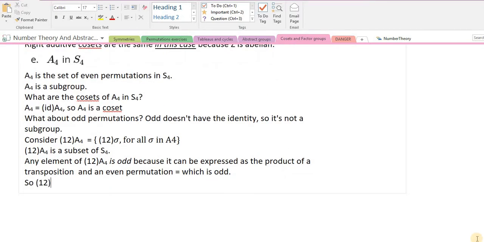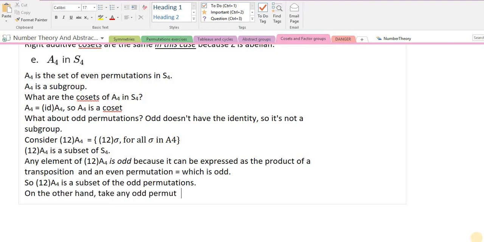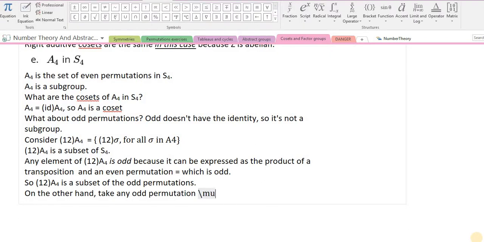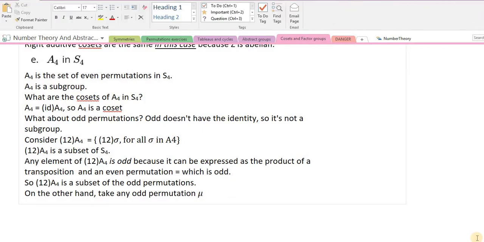Now, on the other hand, let's think about this. Take any odd permutation. Let's call it, what should we call it? We'll call it mu. Now, my question is, is mu in (1 2)A4?